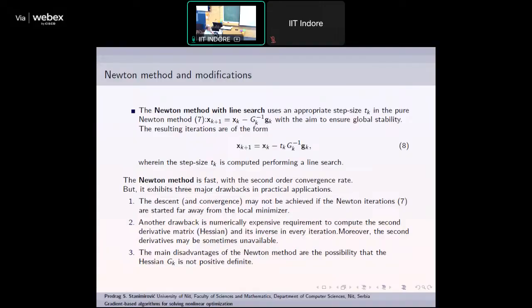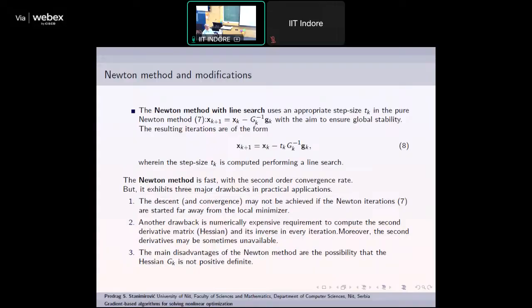Here are iterations of the method known as Newton method with line search. What is the difference between Newton method and Newton method with line search? The difference is in step size. The direction included in a pure Newton method definitely works weakly or will not work.